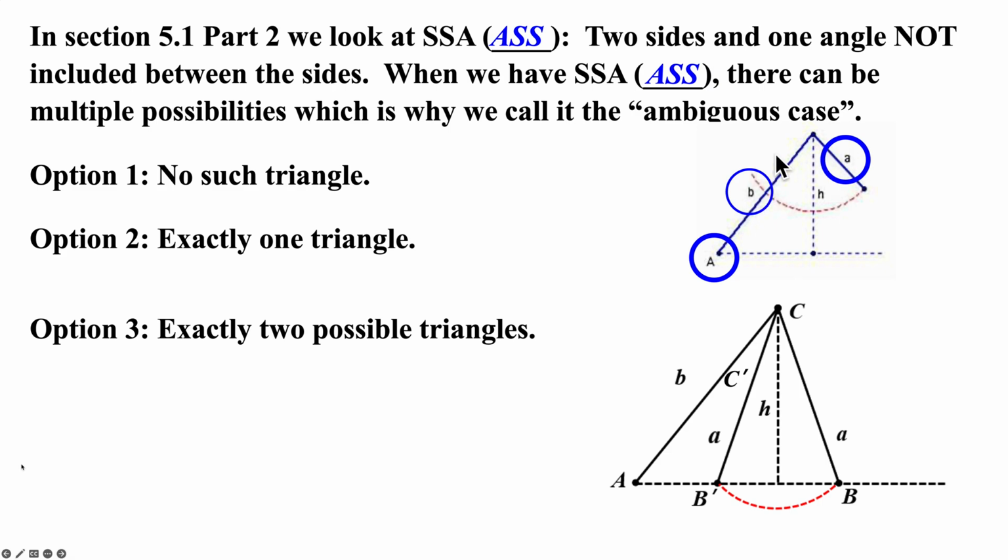All right. If A is less than B, slow down. Whenever A is less than B, you must solve for the height of this triangle.